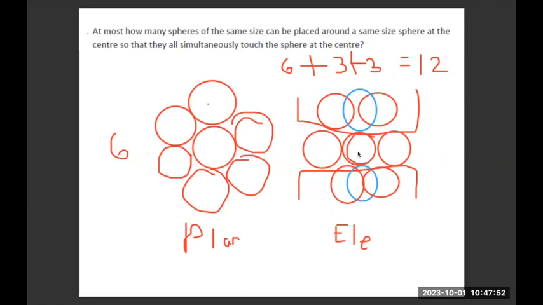Ma'am, what about the 2 spheres in elevation which you haven't counted? I've counted them. This is 6, this is 3 on top, and this is 3 on the bottom. ये बीच वाला जो है ना आपका, वो यहाँ पे आ गया, already count कर दिया. The central part is this in elevation.